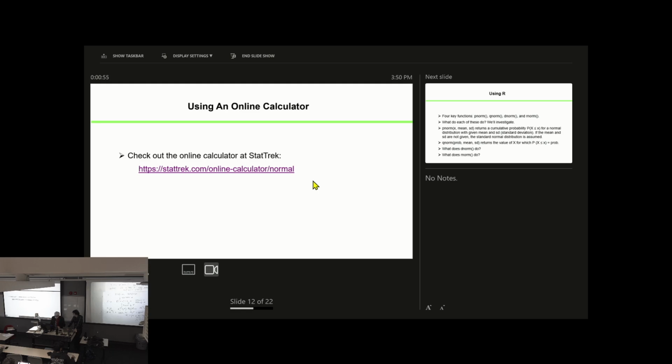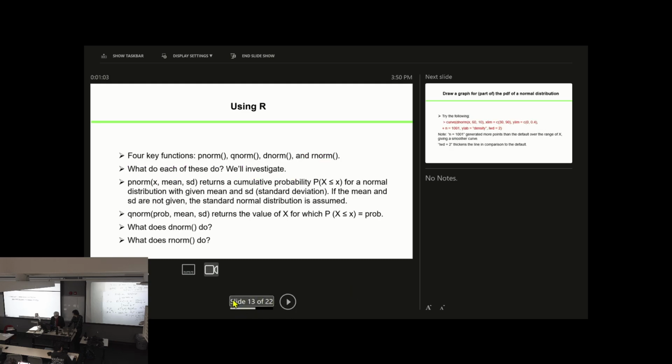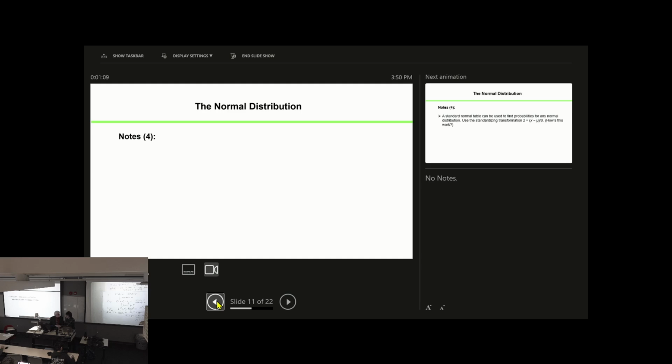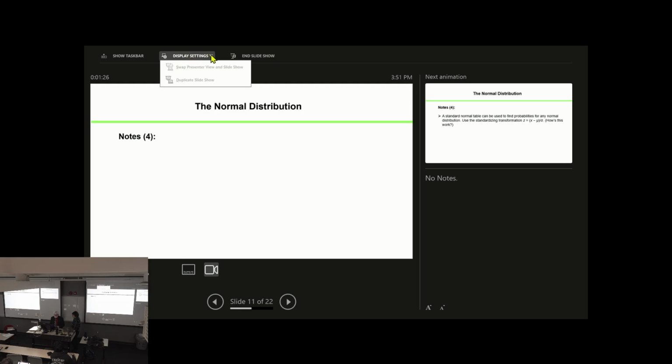Things won't move. Slides won't move. Why will the slides not move? It should go back. It's not working on this one anymore. Okay, let's go. Let's see what we got. Well, you're back on this configuration. Let's just try this again. Display settings won't do the duplicate slideshow. Can we try it? Let's unplug it.